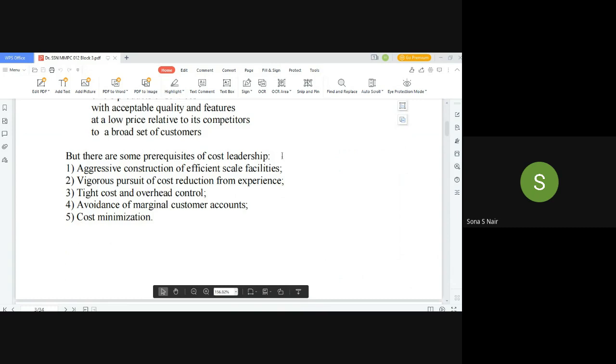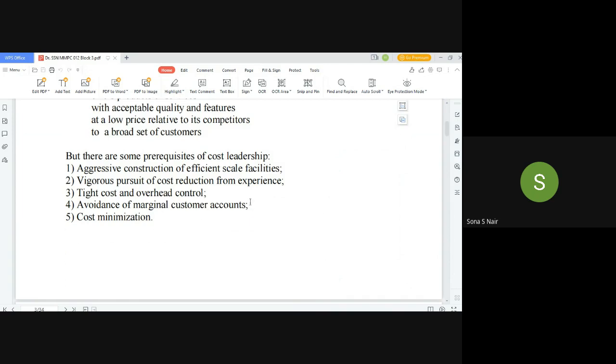Okay, so for an organization to use the cost leadership strategy, they need to have scale facilities. They should be able to reduce their cost from experience. That is known as the experience curve. We'll come to that. They should also be able to control the overhead costs and the other costs.